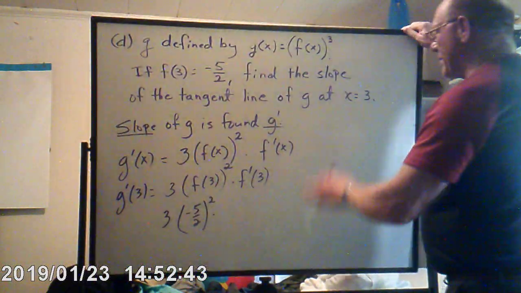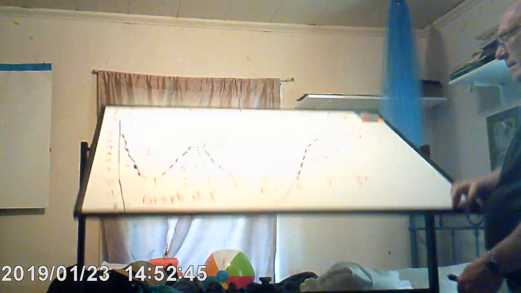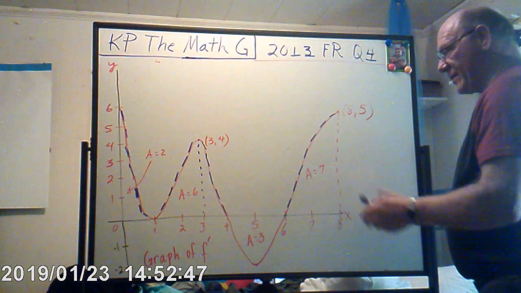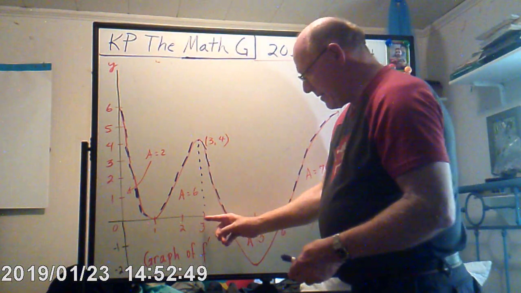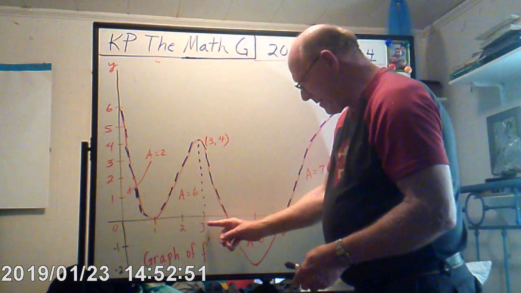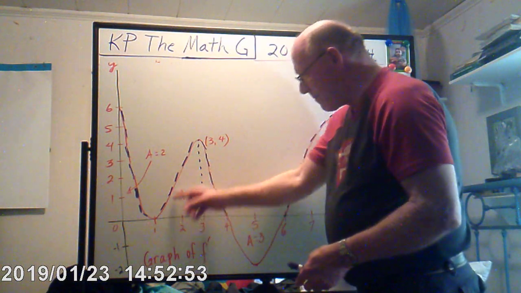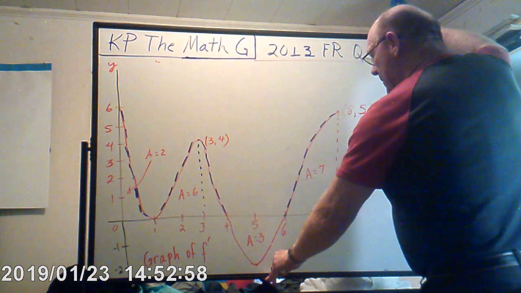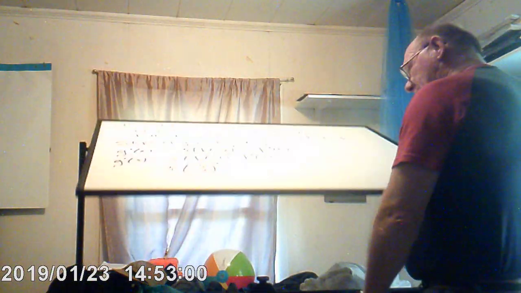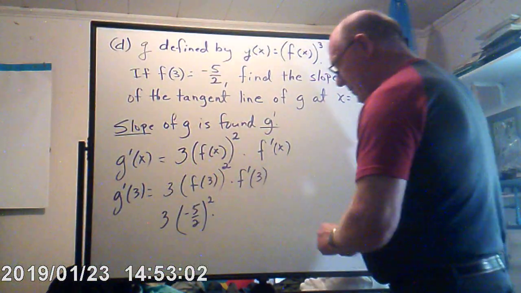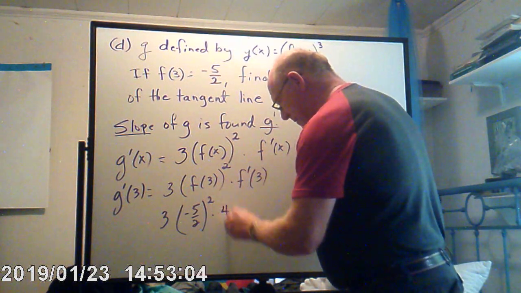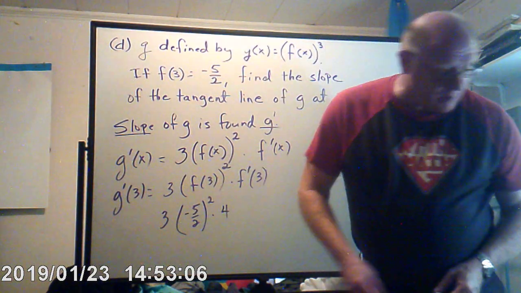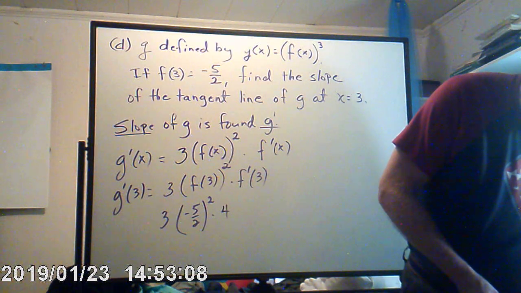F prime at 3. I don't know where else to look for it. We know this is F prime. F prime at 3. This is F prime. So F prime at 3 appears to be 4. 3 comma 4. Alright. So I'm going to multiply by 4 here. And I believe that's it right there.